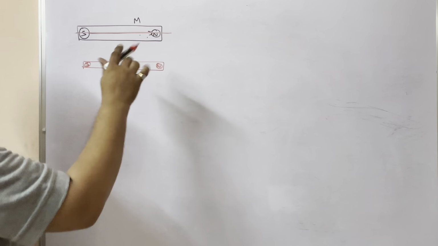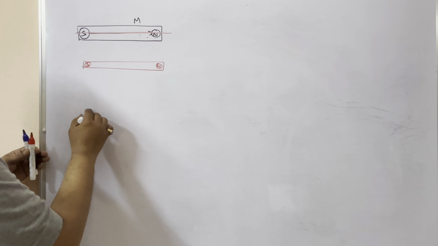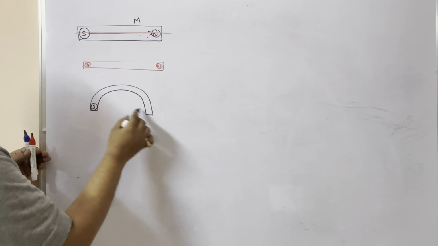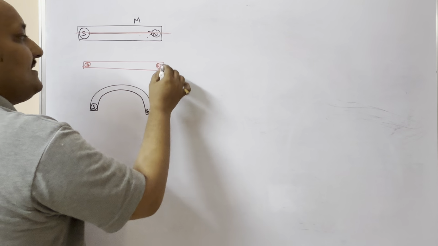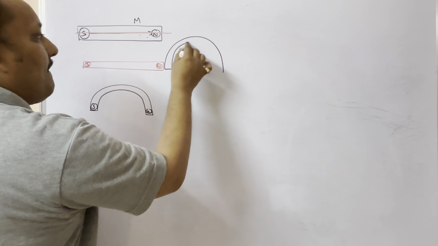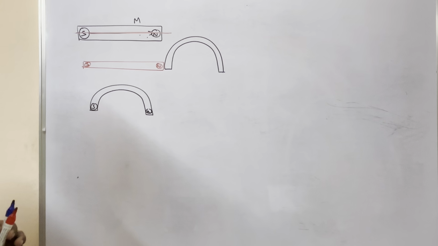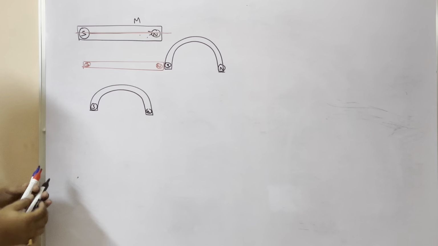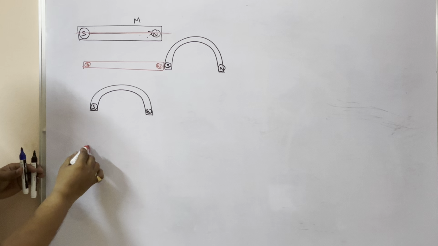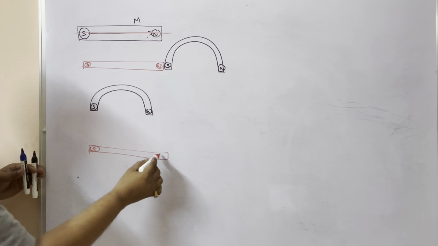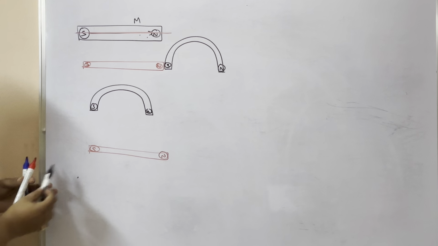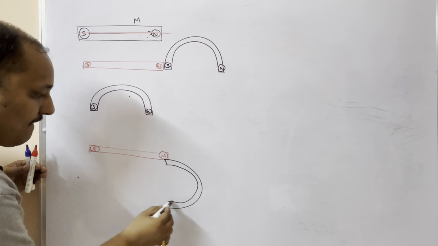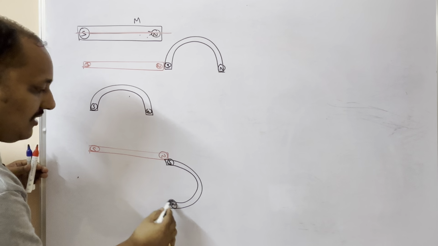One of the parts is bent into a semicircular arc shape like this. The other they place as it is like this, south, north. The second part they place like this, south, north.